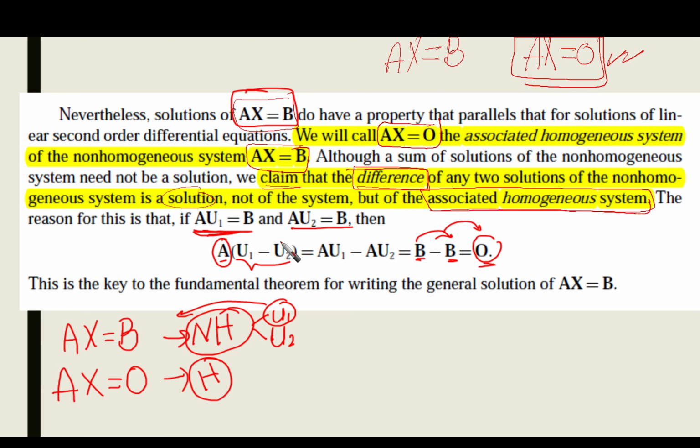Exactly, it is a homogeneous equation. A times something equal to 0. So this means that for u1 and u2 of the non-homogeneous equation, the difference between them, which is u1 minus u2, is exactly a solution for the associated homogeneous equation. Okay, so this is what we are claiming here.